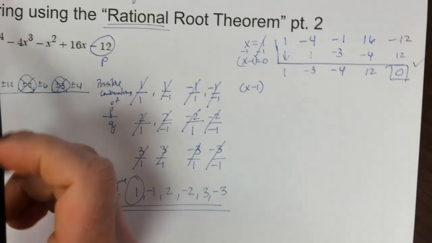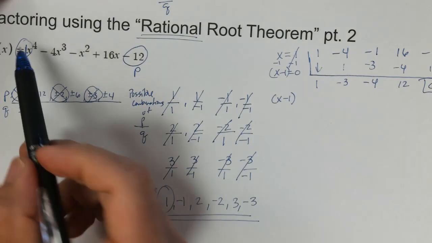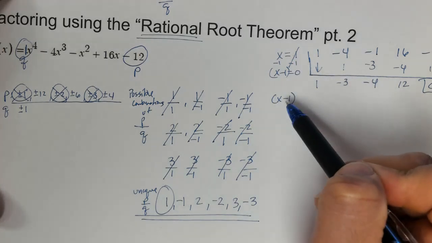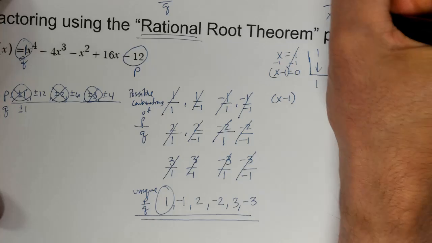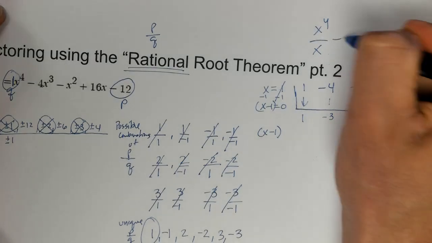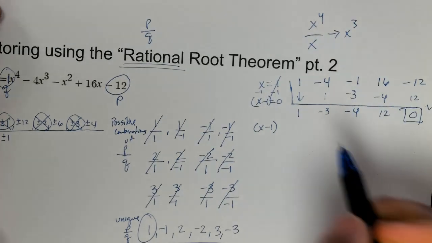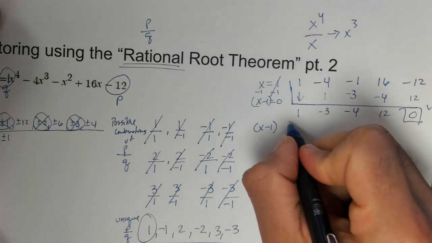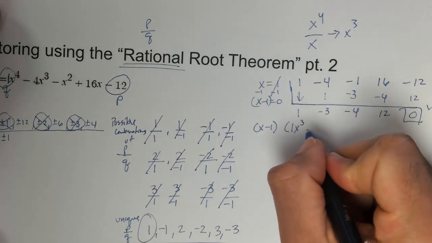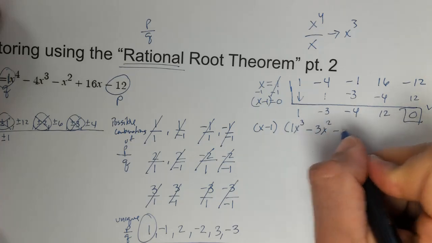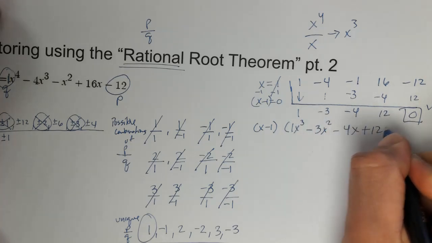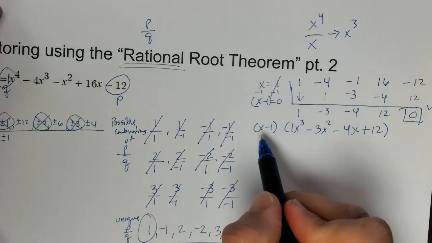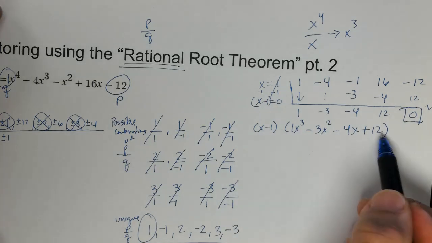Now, since we started with x to the 4th power, if we're dividing it by a single x value, we should have x cubed left over. So that's the meaning of these coefficients. That means that we're going to have 1x cubed minus 3x squared minus 4x plus 12. I have one factor and then I have my cubic.